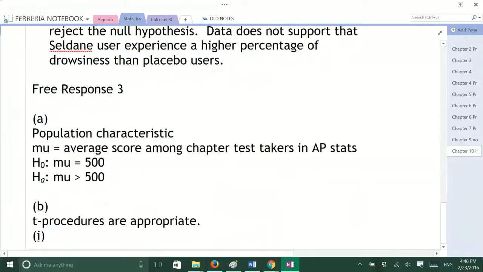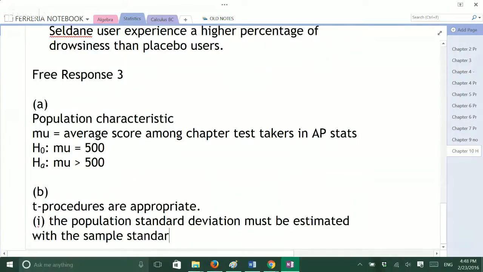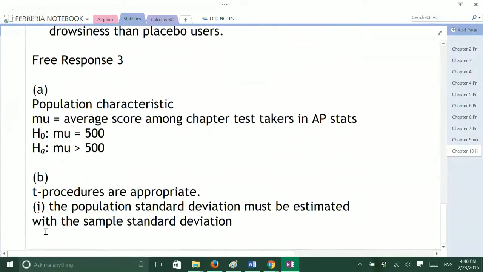Number one, the population standard deviation must be estimated with a sample standard deviation. That's the big reason. Number two, the sample size is small, n equals 16. Those are two big reasons to use a T distribution and not the Z distribution.